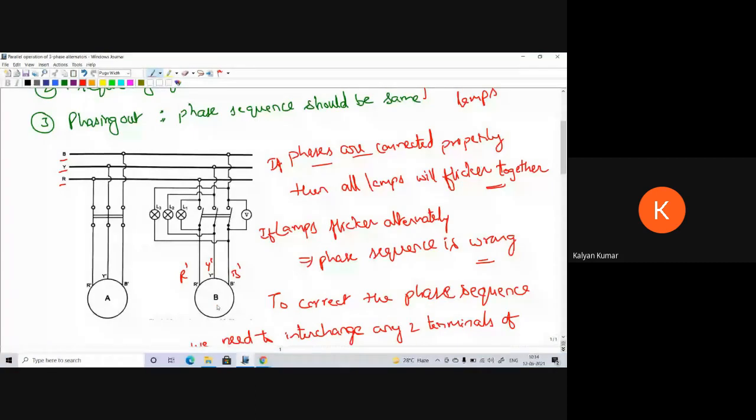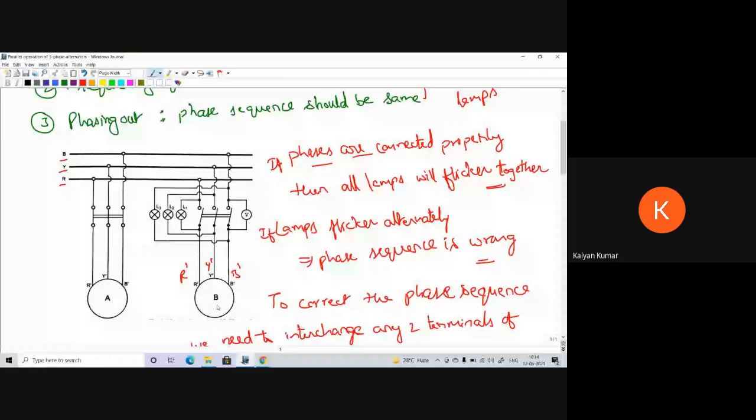So whenever the size of the alternator is large, and the switch is closed while a small voltage exists across the lamps, it may cause considerable disturbance. Whereas for small rating synchronous generators, it may not cause any damage or any disturbance. So for small size alternators, it's okay.